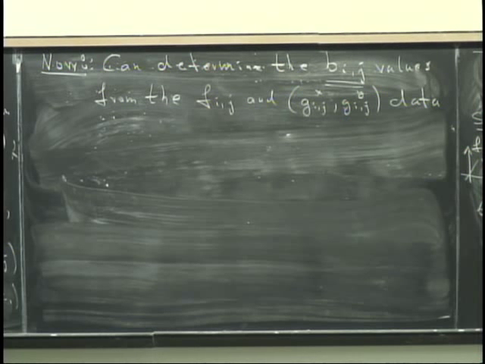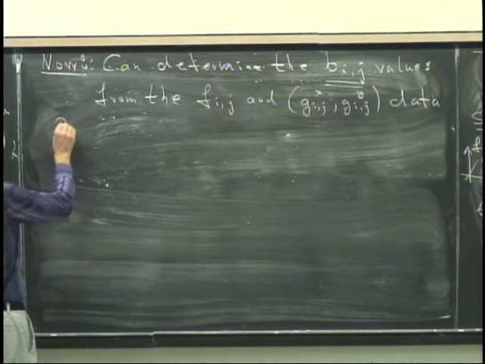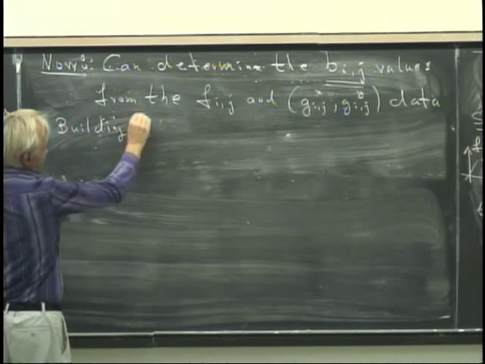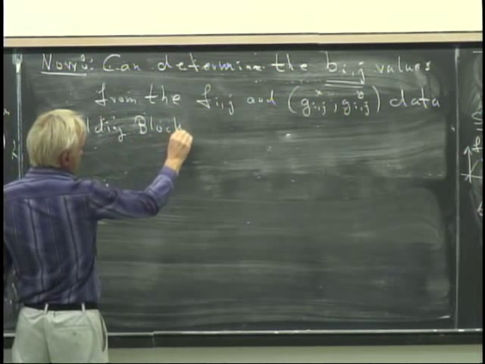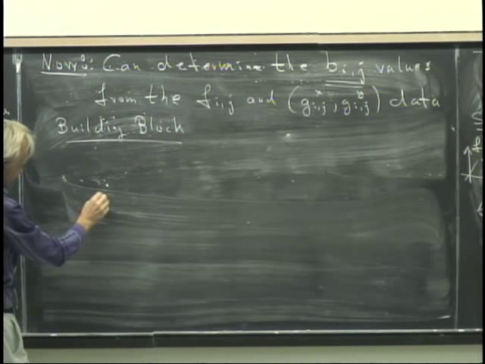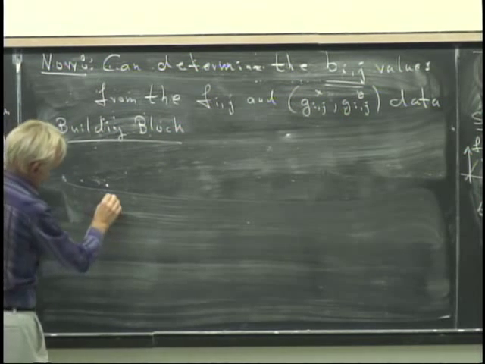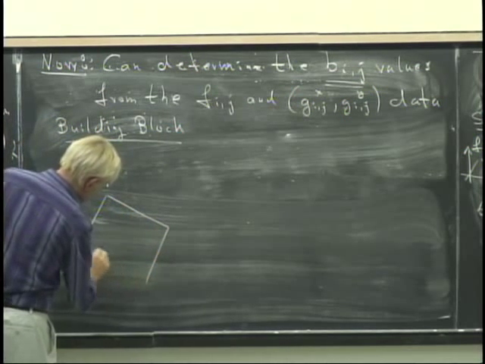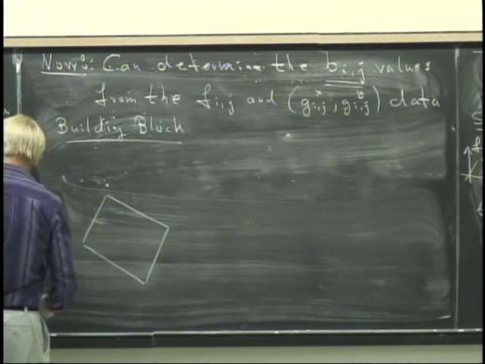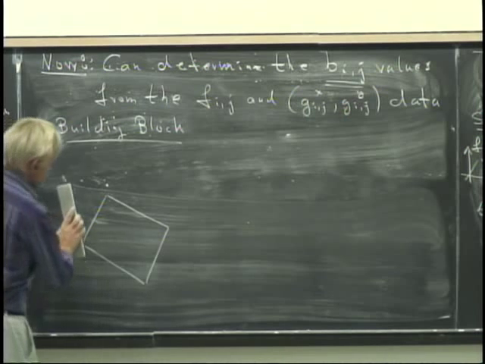How should I show this? Maybe it's a building block again. The building block at this point looks like this. The building block is just understanding the configuration over one single square.